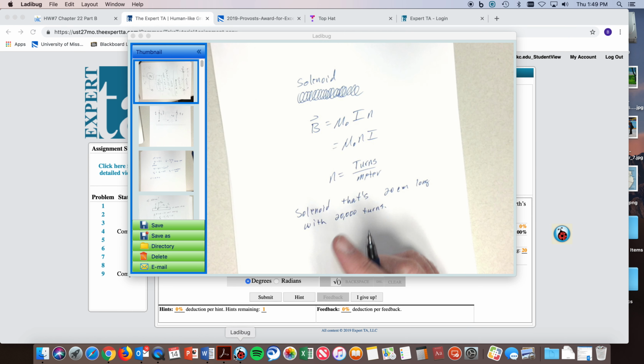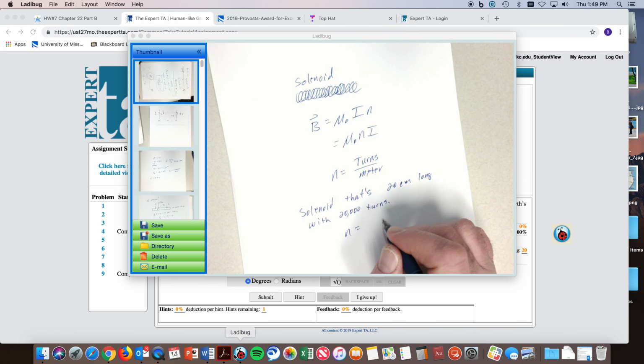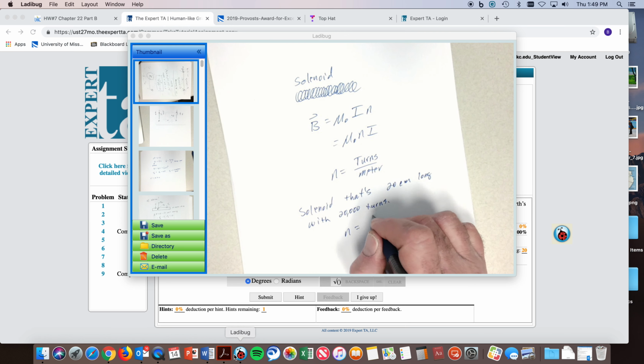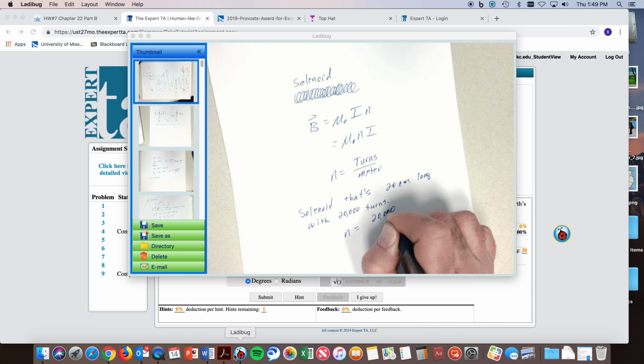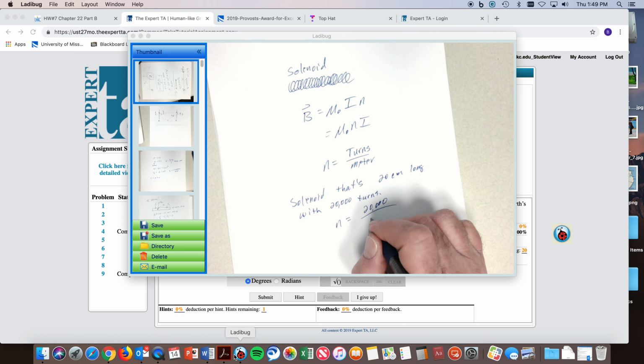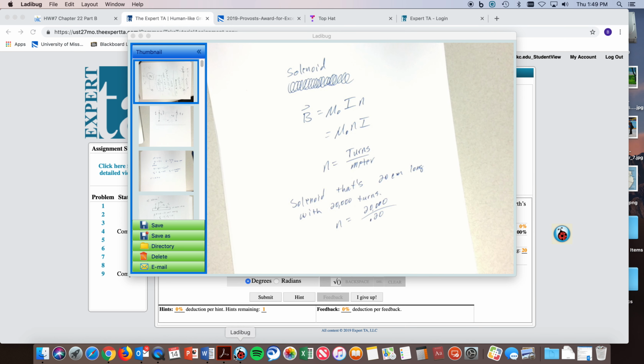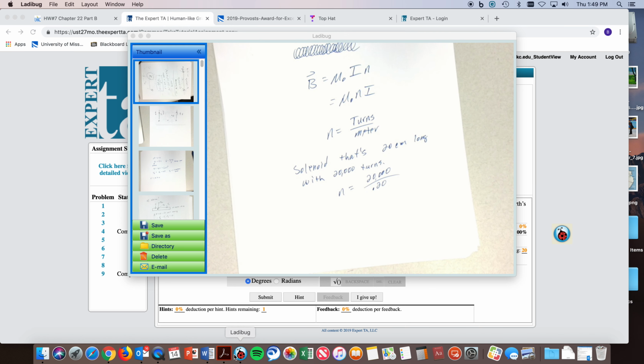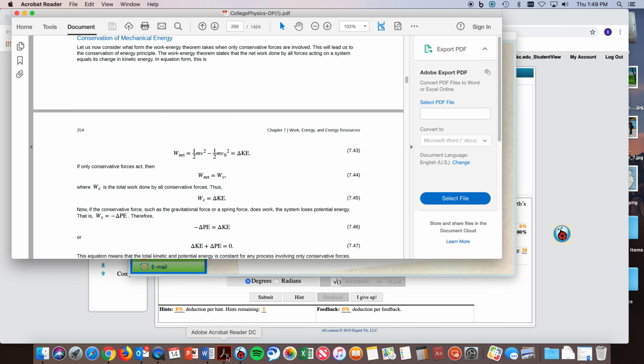Then N would equal 20,000 divided by 0.20.